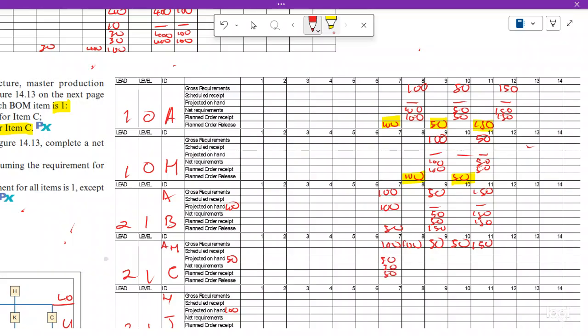What we are planning to order? 50. Lead time 2. Write the 50 there. Then this one 100, 100. Lead time there. This one 50, 50. Ordering 50. This one 50, 50. Ordering 50. This one 150, 150. Ordering.